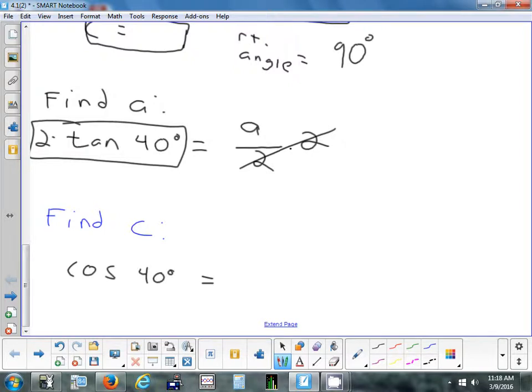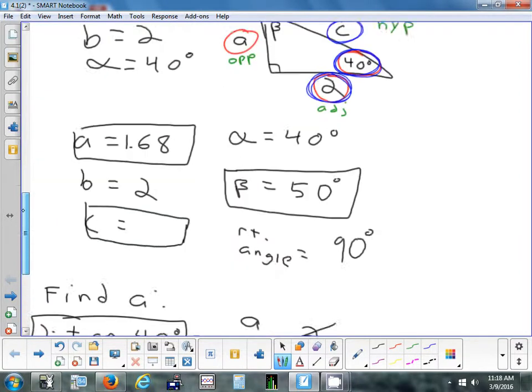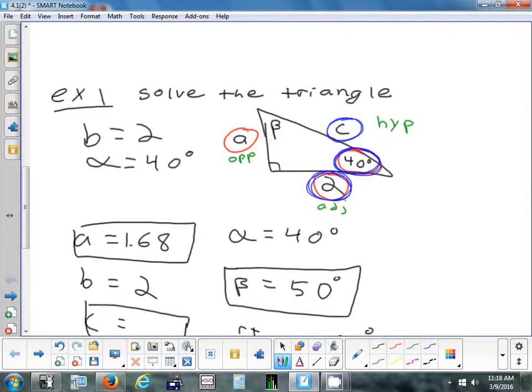Okay, the thing I'm taking the cosine of. Now we have to figure out the fraction. Cosine is adjacent over hypotenuse. So what's the adjacent here? 2. And the hypotenuse? C. All right, so it's 2 over C.